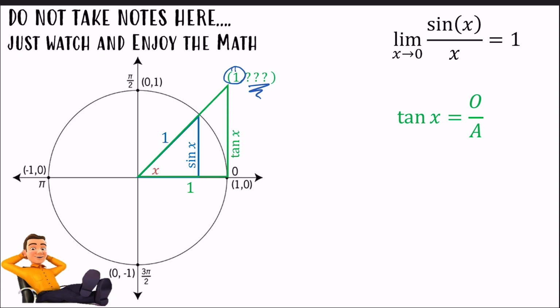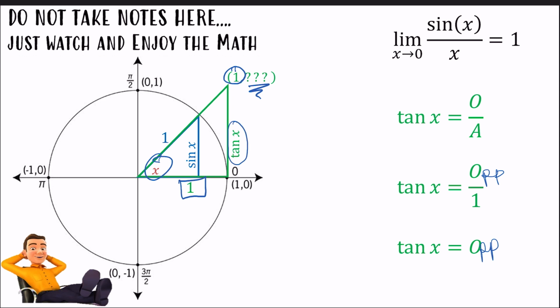I know that from the perspective of x in this green triangle, my adjacent side is 1. So I have opposite, and I wanted to make sure you know that that's opposite. Opposite over 1. Well, that means that the tangent of x equals the opposite side. So the opposite side is the tangent of x. Crazy, isn't it? All right, moving on.